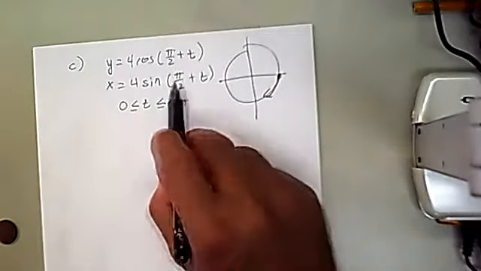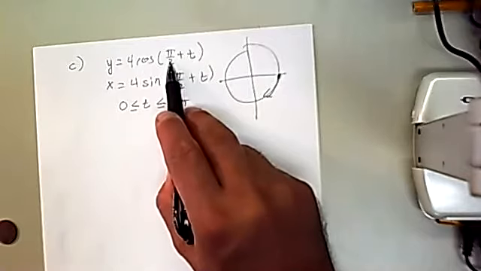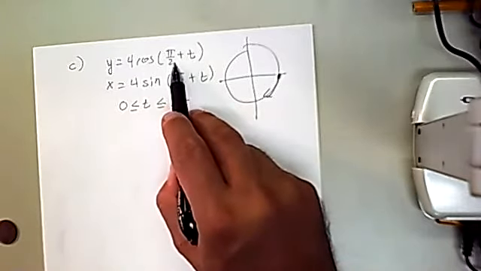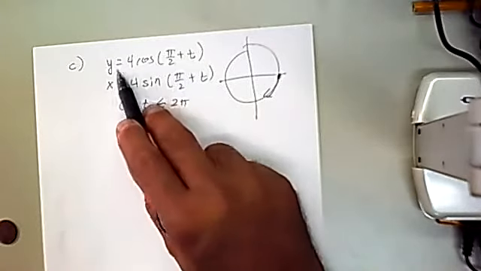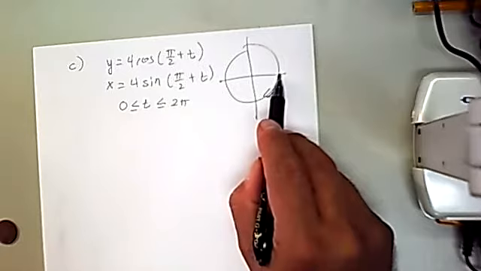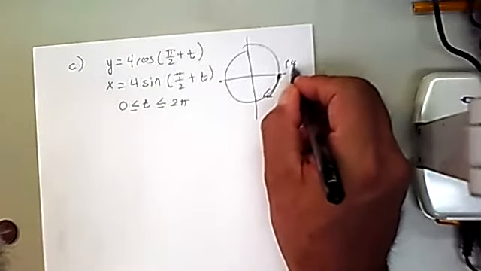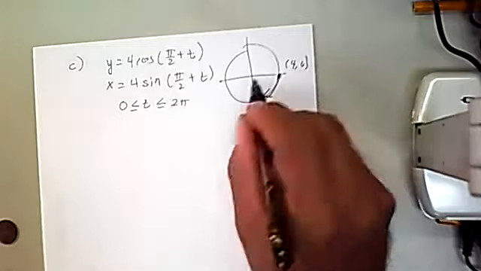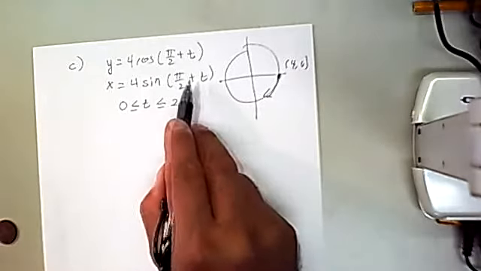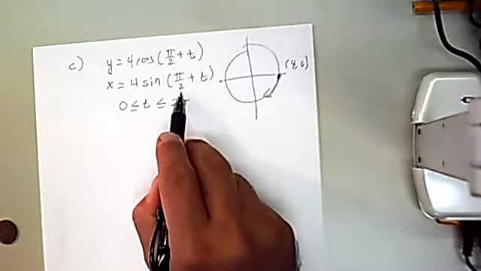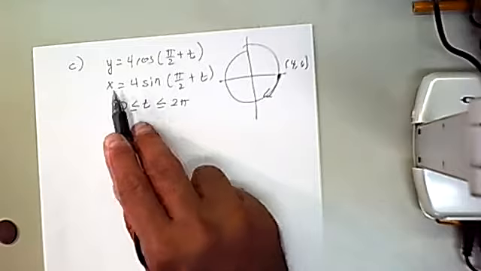And let's double check that when t is equal to 0, we have the cosine of pi over 2, which is 0. So y would be 0. Yep, that point has a 0 on the y value. So that is 4, 0. And then when t is equal to 0, sine of pi over 2 is 1 times 4 is 4. So x would be 4.